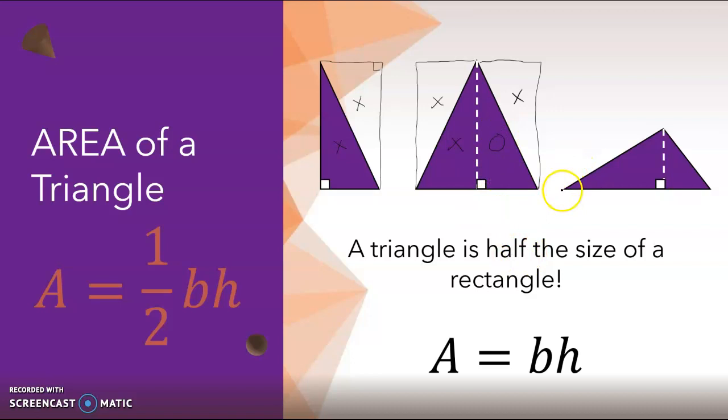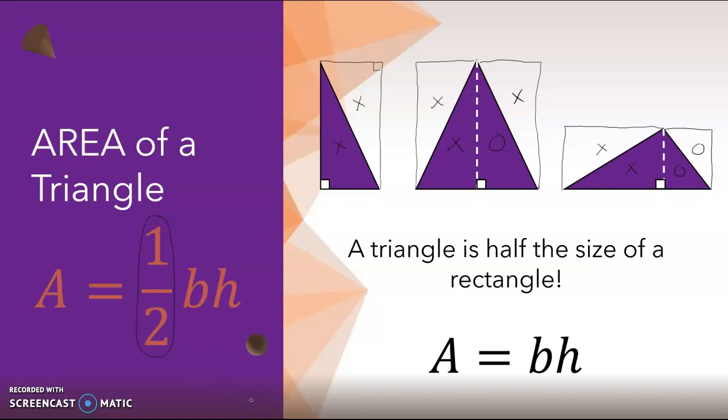Again, if I draw a vertical line here and a horizontal line here, I have double this type of triangle. And if I draw a vertical line here and a horizontal line here, I have double this type of triangle. So a rectangle is double a triangle. Therefore, a triangle is half a rectangle.